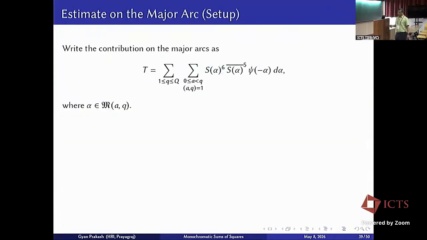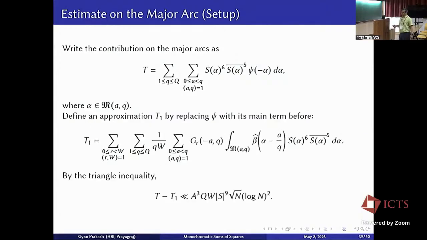Okay, so let me just rush through it. Then there is the contribution on the major arc. You can write it, and when you do this, those are phi functions. The sum is surviving only for Q dividing 2W, and the rest goes to the error.